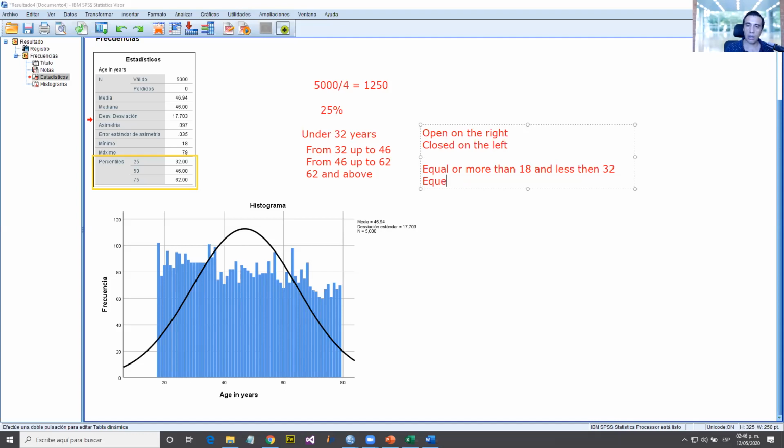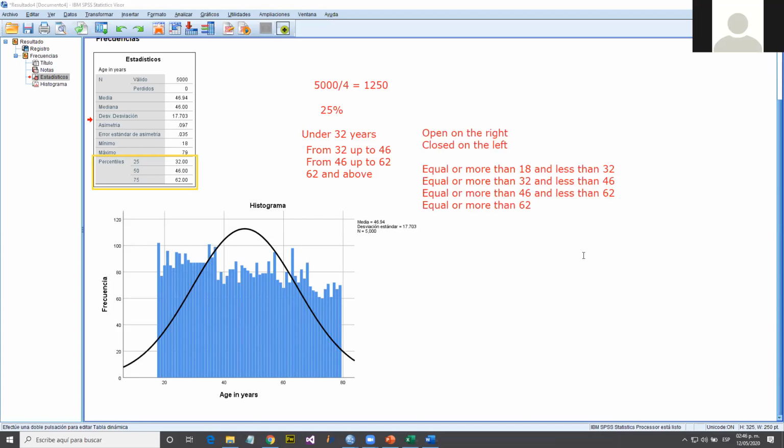Equal or more than 32 and less than 46. Equal or more than 46 and less than 62 and equal or more than 62. Is it answered? Yes. Thank you. Open on the right, closed on the left.